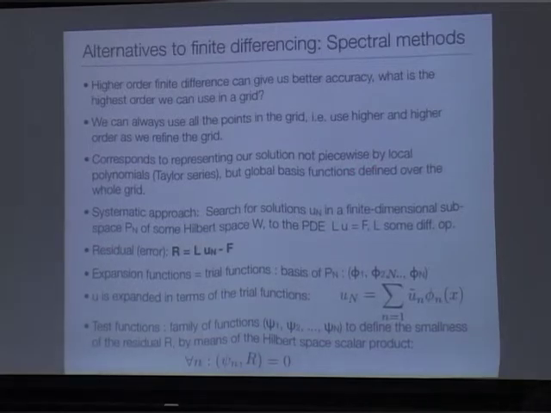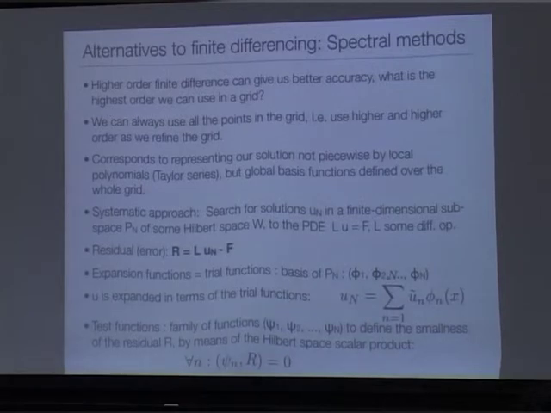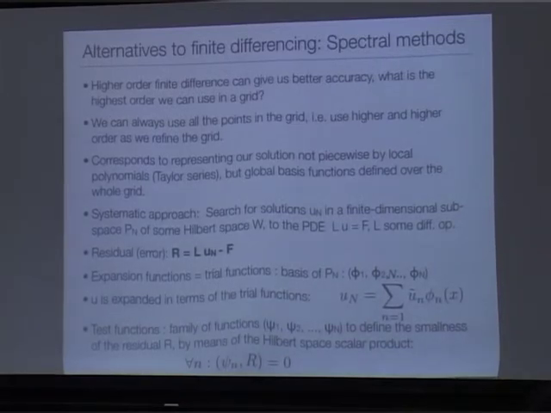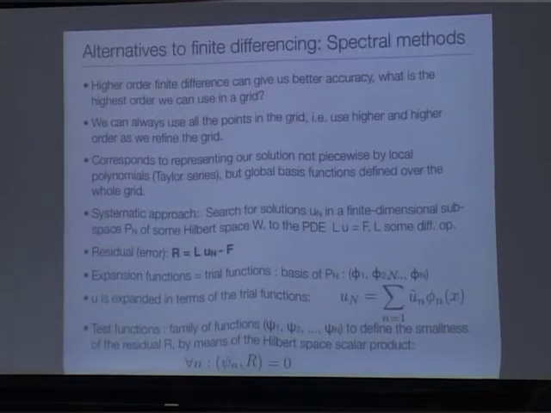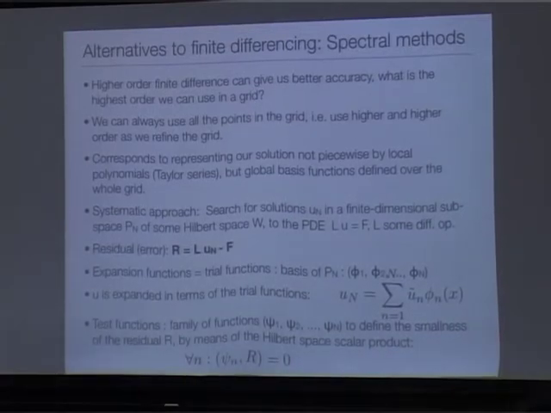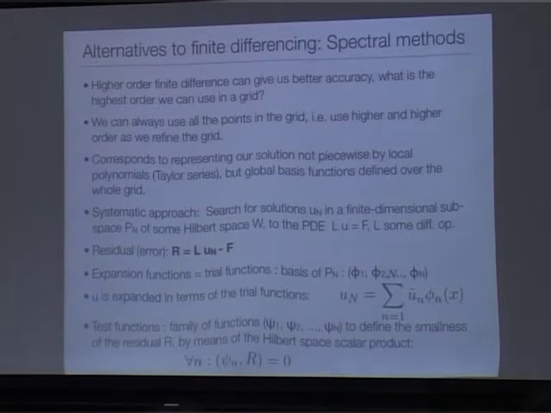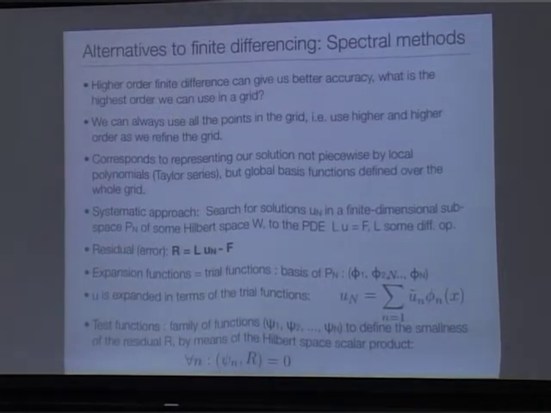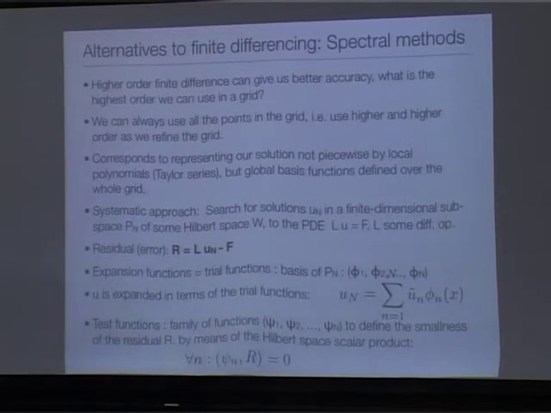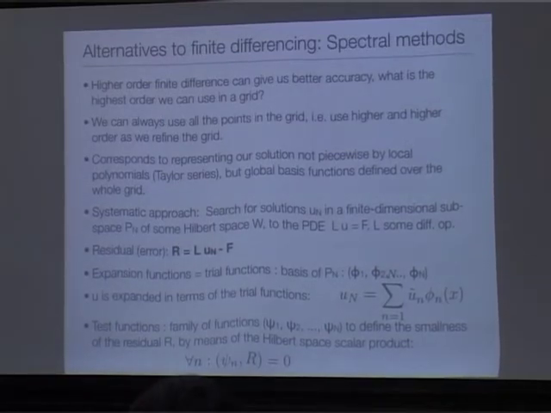So now we expand the solution that we're looking for into basis functions which cover the whole grid. Because of this basis function decomposition covering the whole grid, these methods are usually called spectral methods. The basic idea is that to compute a derivative, we don't use just a few points, we use the whole grid. If you do something like mesh refinement, then we would have different bases for the different boxes of different sizes.